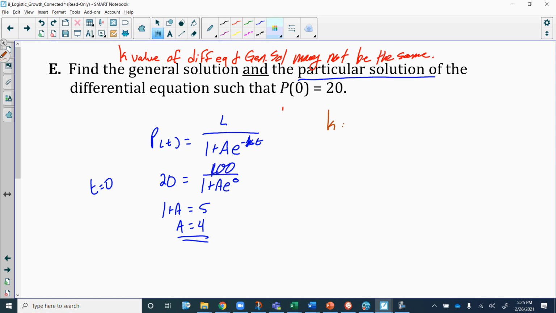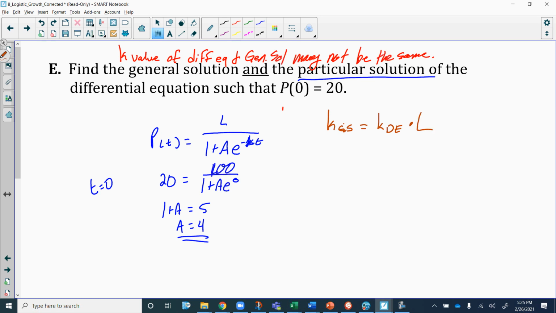The k of the general solution is going to be equal to the k value of the differential equation times the carrying capacity.